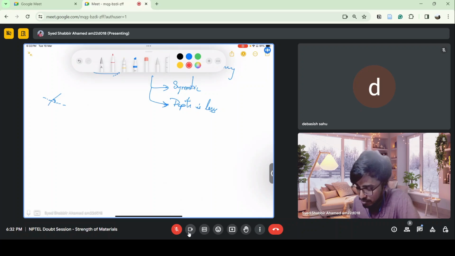And also we have seen transmissibility of force, how force is taken from one point to the other.